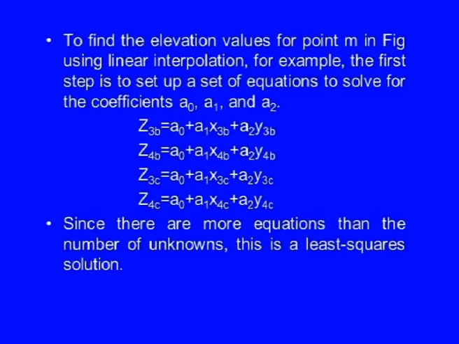To find the elevation value for point M in the figure using linear interpolation, for example, the first step is to set up a set of equations to solve for the coefficients a0, a1 and a2, such that ZB3 can be represented as a0 plus a1 xB3 plus a2 yB3. The value ZB4 can be represented as a0 plus a1 xB4 plus a2 yB4.